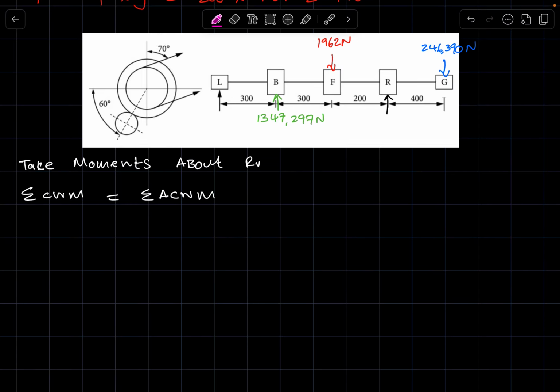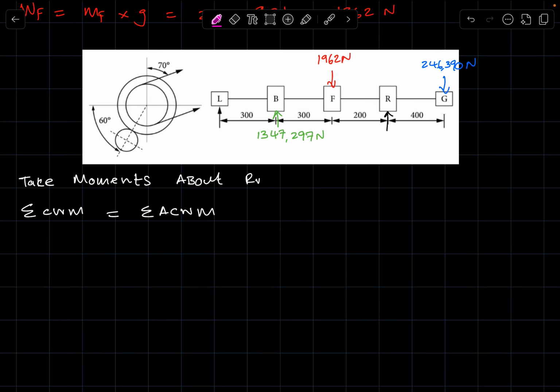Now let's look at the turning effect of each of these forces when taking moments about the right hand bearing. The left bearing will have a clockwise turning effect. The belt force will also have a clockwise turning effect.